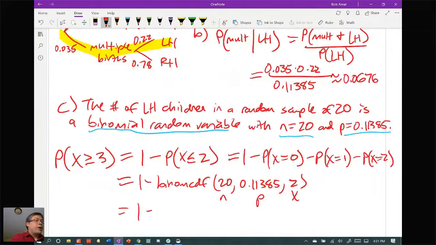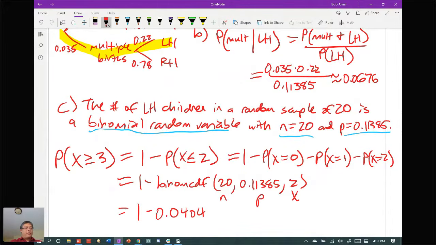Let me see if I remembered to put the 1 minus in already. Okay, let me do that again. That is 0.0404. I seem to have blown something here. Let's try that because that number looks really wrong.